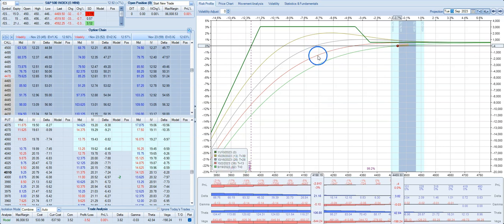If we look at the red line here, this is T+13. So this is October 2nd, 13 days from today. So if we see the same push lower, our P&L isn't going to be as drastic, if you will. It's going to be a little bit better, but it's still going to be a drawdown, right? We're going to be in the negative, but probably less than if this was to happen today.